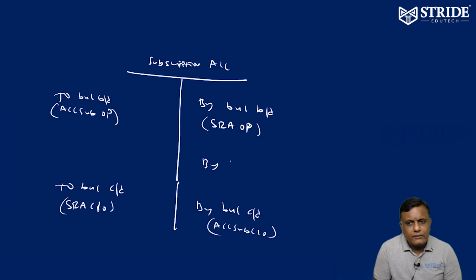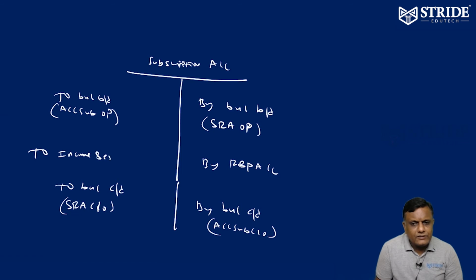By receipts and payments account, that is the cash collected; to income and expenditure account, this is the income to be recognized. That's it. We will do one by one.